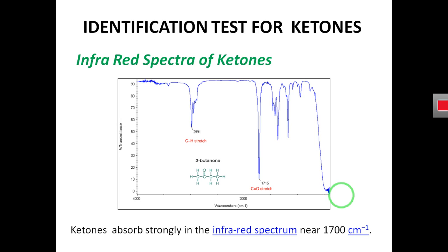So ketone can be identified in the laboratory by infrared spectra, by infrared spectroscopy. So what is this infrared spectroscopy? I have previously discussed in my previous lecture that spectroscopy is a technique by using which we can identify the functional group.